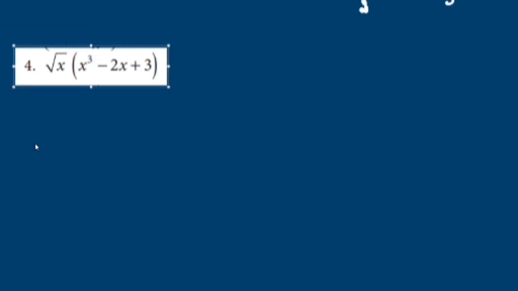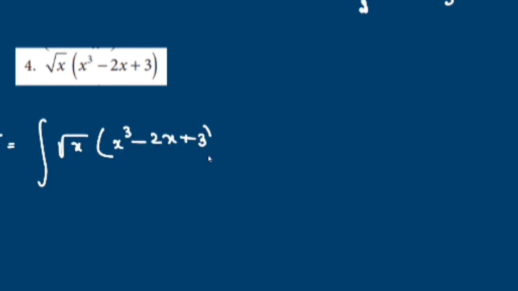Fourth one, integral. So whenever you integrate, put one I here. Integral root x bracket x cube minus 2x plus 3. You have to put this dx here. Okay. Now again, there is no product rule in integration. You have to multiply this. So root x, you know, it is nothing but x power half.